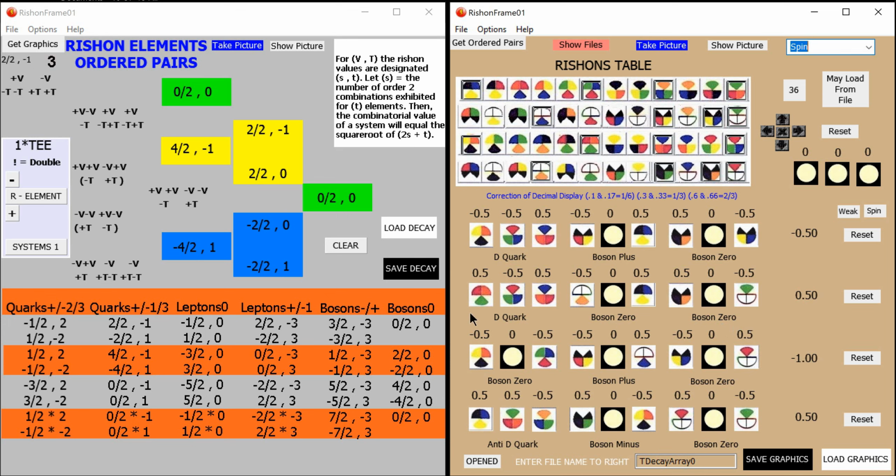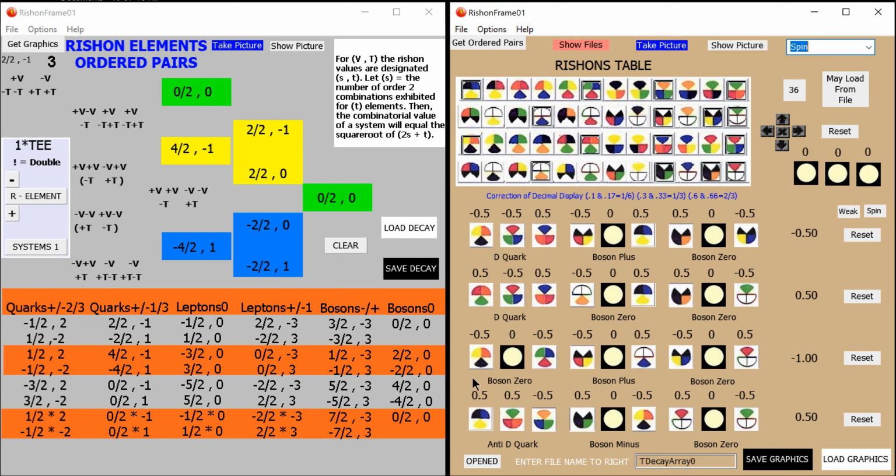Now, this exchange here created a spin -1 particle, which combines with the boson plus to give us our W plus boson, which must have a spin of 1.